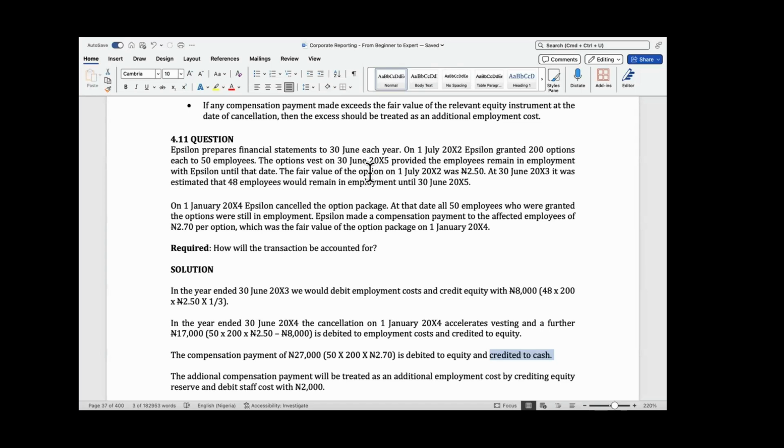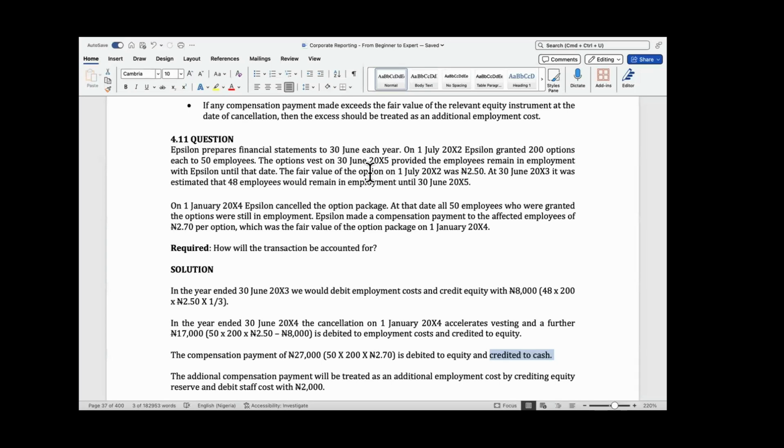It will accelerate the entire vesting. Just get the value as at the end of that, when it is cancelled. Well, just remove it from what you have recognized to date, or till the beginning of the previous year. Whatever you have not recognized, recognize it so that you will know where we are today.